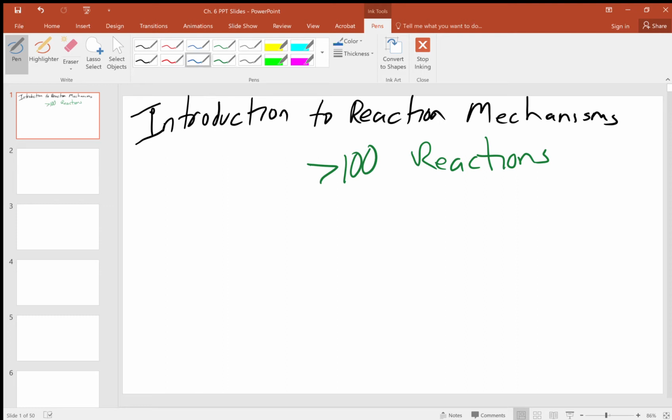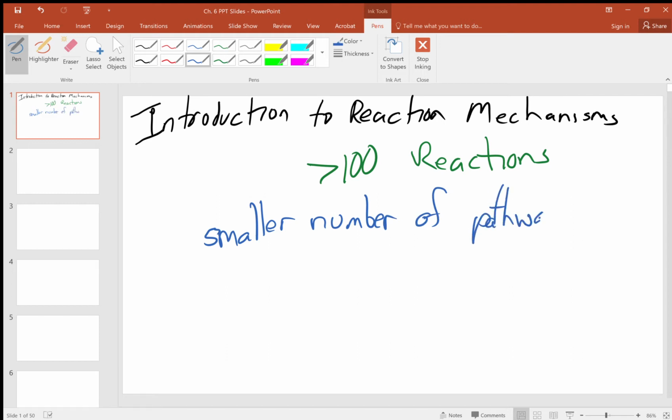But what's important here is there's a much smaller number of pathways. So as we start learning the steps that are involved in a lot of organic reactions, we start to see those same types of steps over and over and over again.